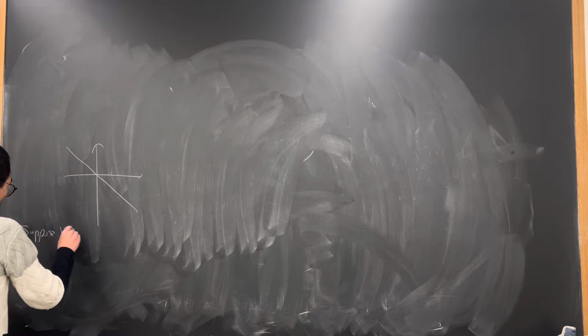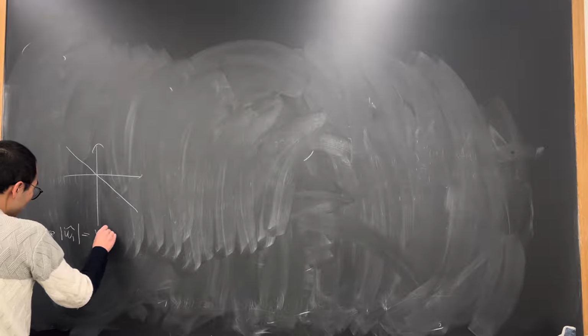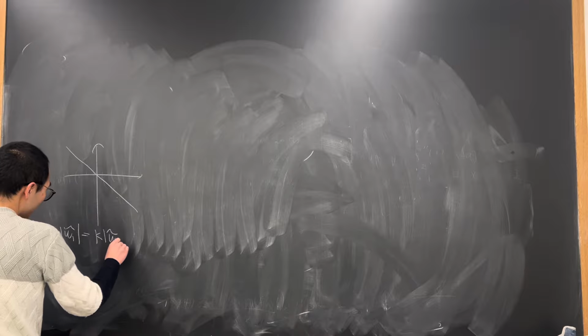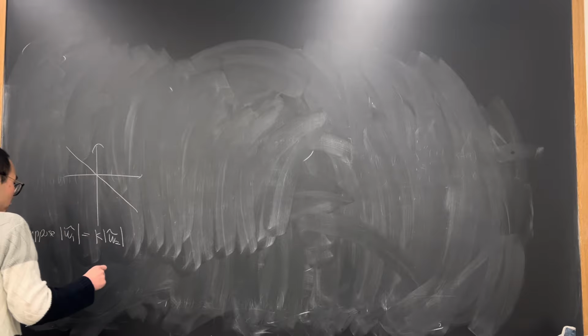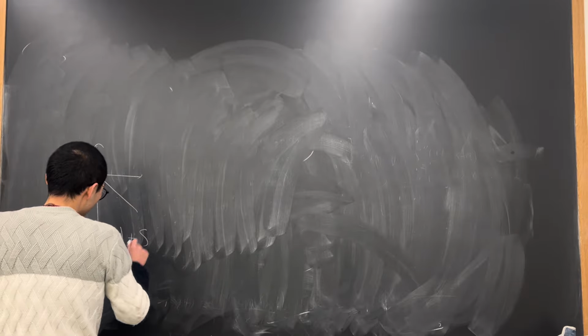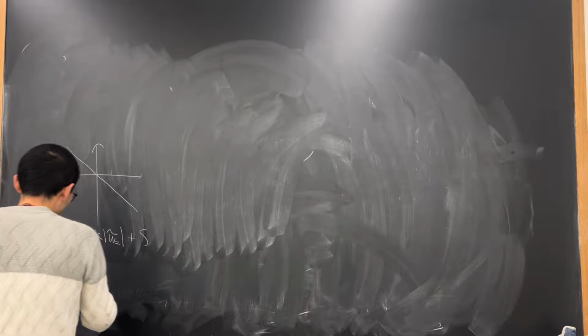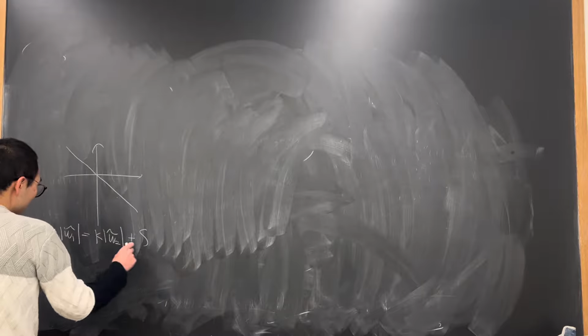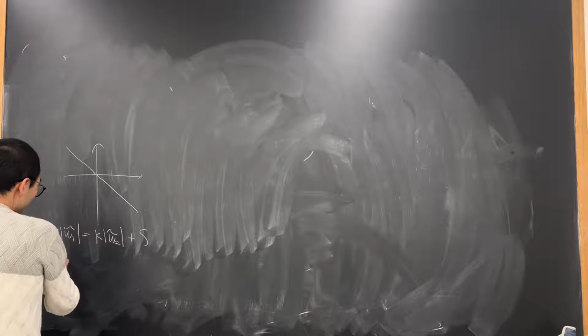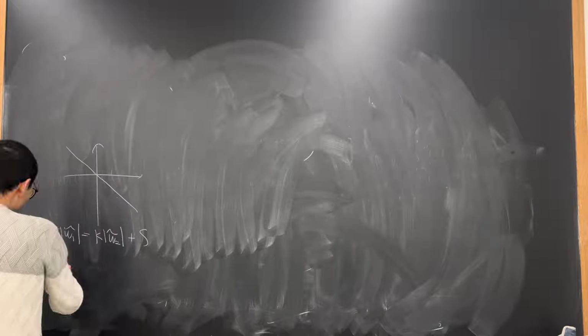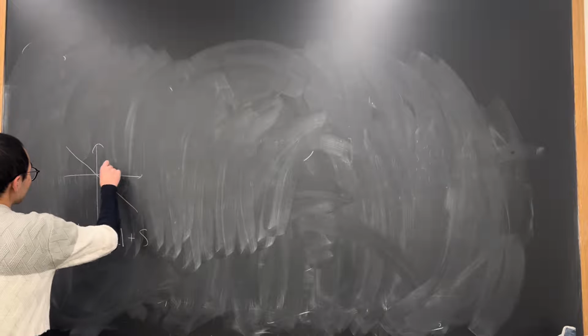this modulus of omega 1 is equal to k times modulus of omega 2 plus some remainder s, right? And then where we have, so then I have the region.